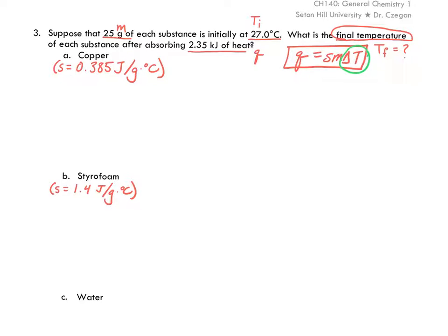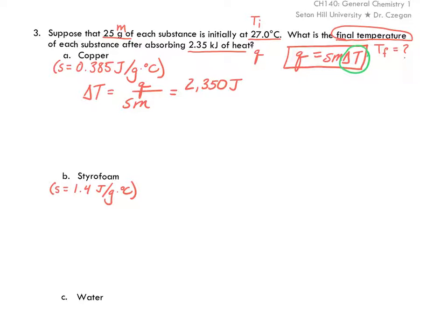If we rearrange our equation and solve directly for delta T, the change in temperature, it's equal to Q over SM. Then we can plug in our information. Q is 2,350 joules of heat.